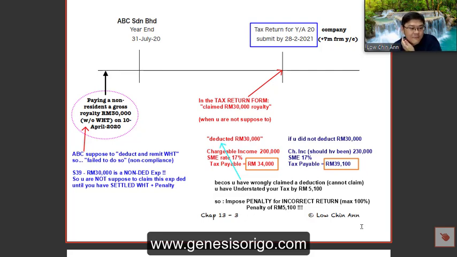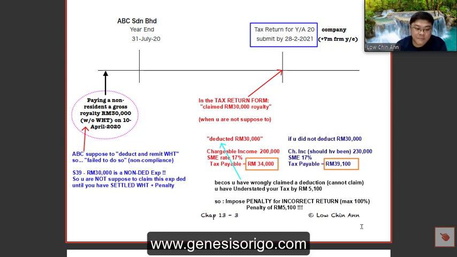Because the question is, why do you want to pay this penalty simply out of your utter carelessness? So you say, okay sir, now you tell me, what should I do? Especially if you're a tax agent. If your client never paid the withholding tax, and then you go and claim the deduction for your client, and later the government slaps this company with a penalty, the client blames you and says, hey, you don't know that this cannot be claimed?